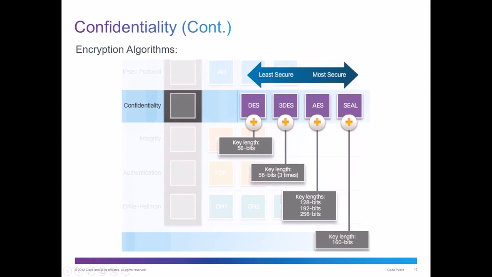Okay, so the encryption algorithms that are offered by IPsec are DES, triple DES, the Data Encryption Standard, AES, and SEAL. And depending on which one you choose, the most widely used is AES for encrypting the payload, right?